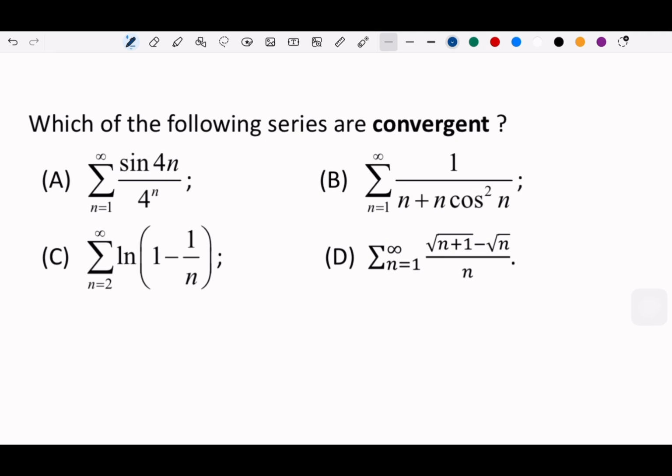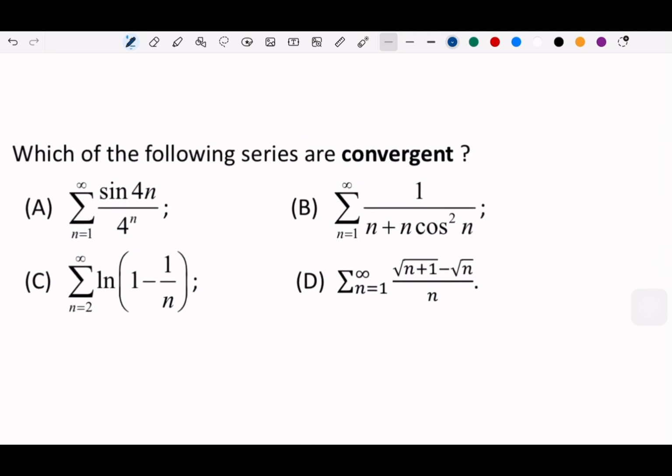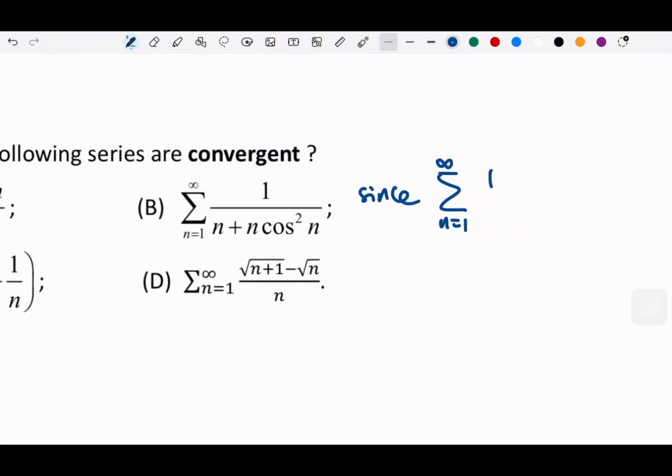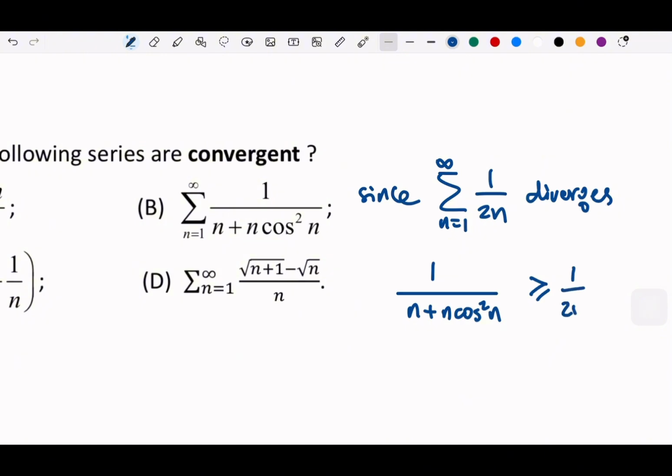So we can start from number B here. Since this diverges, and this must be greater than 1/2n, then this will also diverge.